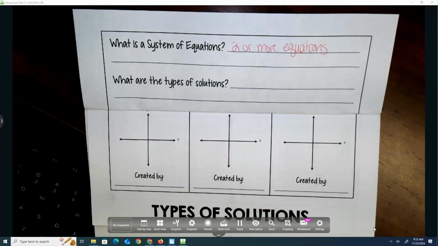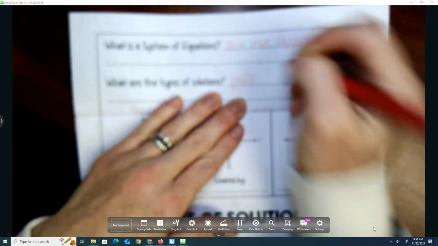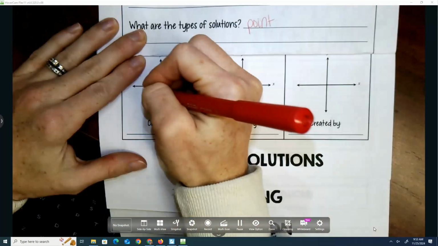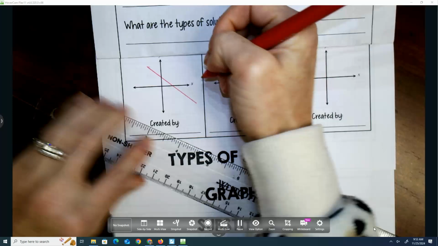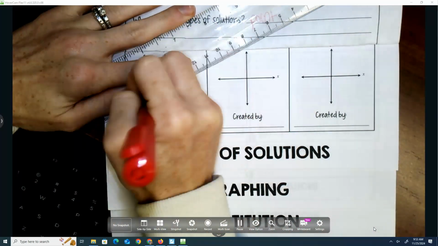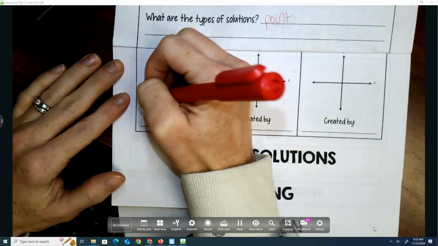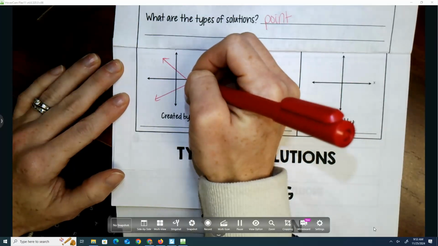Yeah, an x, y. So we could have just a point. So when you have two lines, whatever they may look like, that meet somewhere, that's a single point.